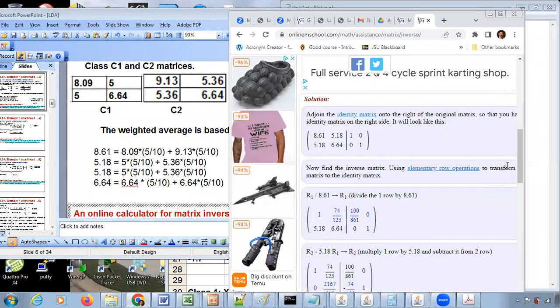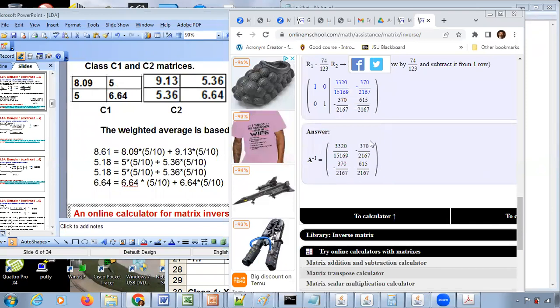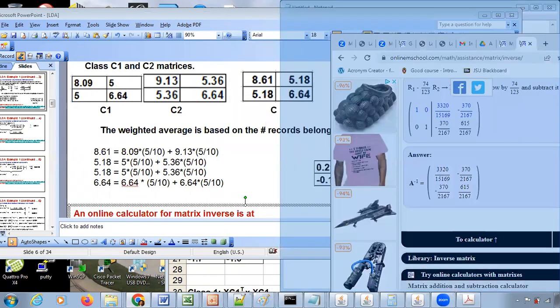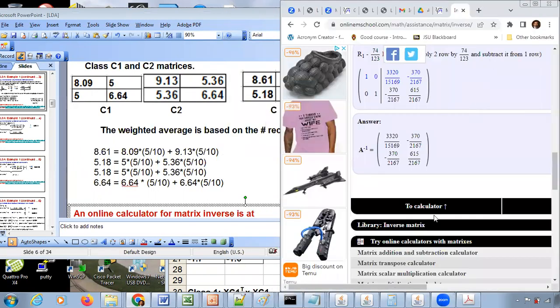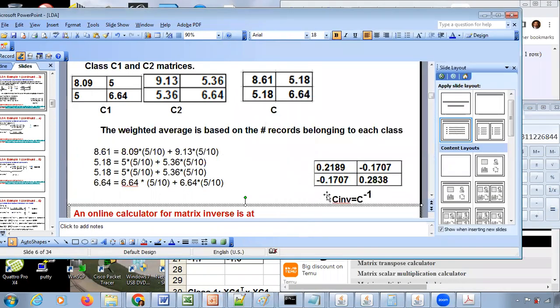So the A inverse is this, which is good. Like Gauss elimination, they give the result in fractions, but we can get numbers. So 3320 divided by 15169, you can use a calculator to get the value, is 0.219289.